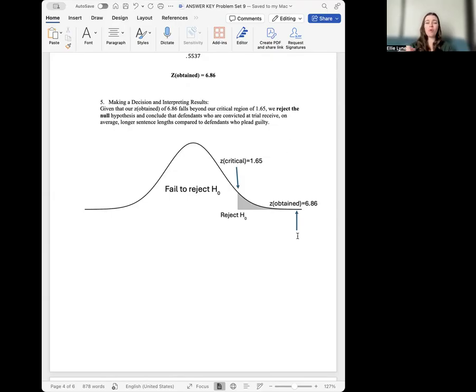So what does that mean though within the context of the problem? How are we interpreting this? Let's take a look at how we would respond to this for our judges and these sentence lengths.